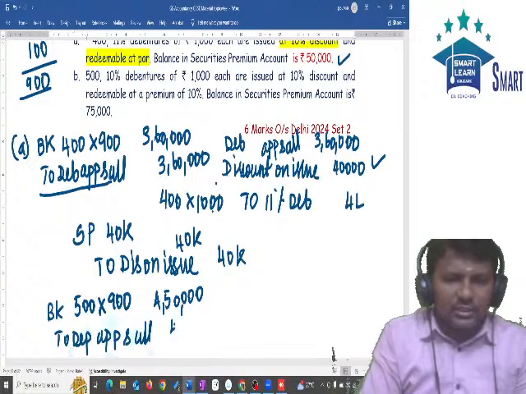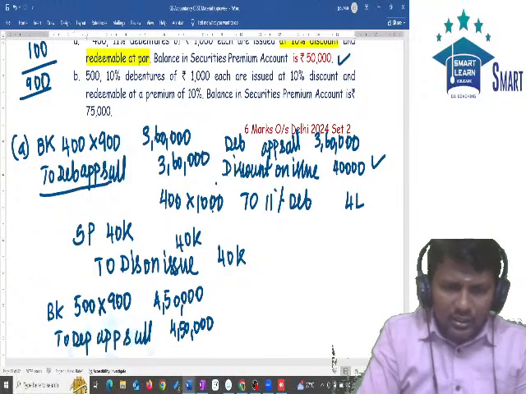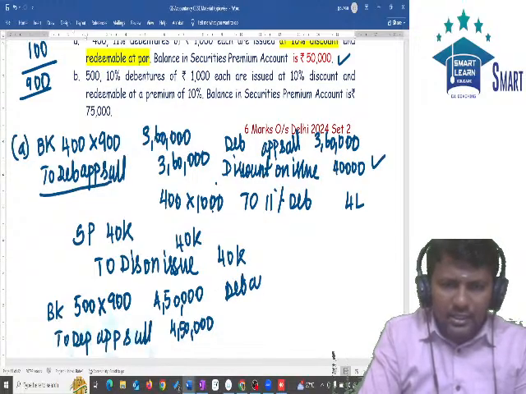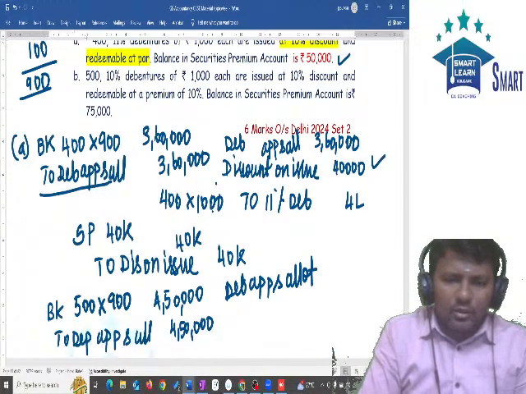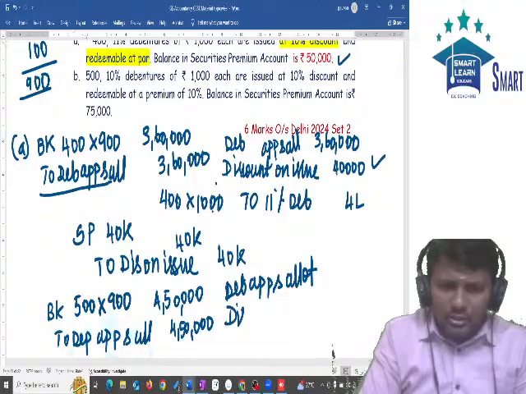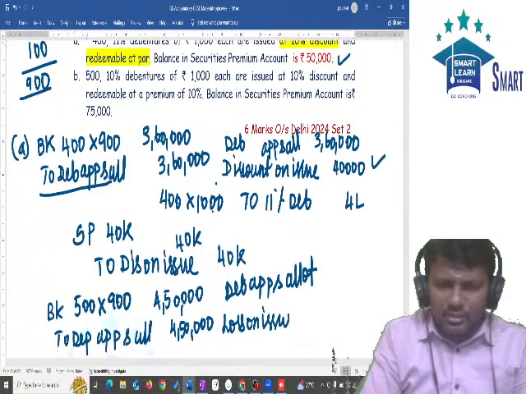Next entry. What is the next entry? Debenture application and allotment account should be debited. Also we have the issue discount. Instead of debiting discount on issue, we can debit loss on issue of debenture.